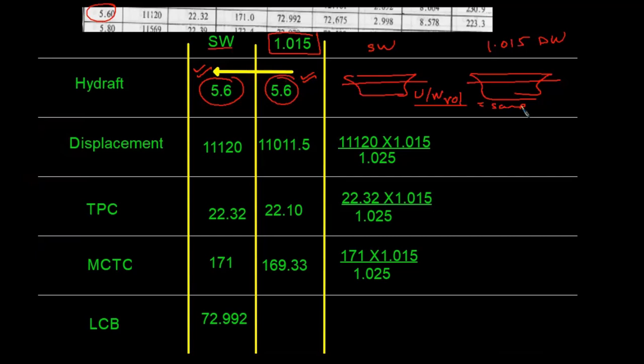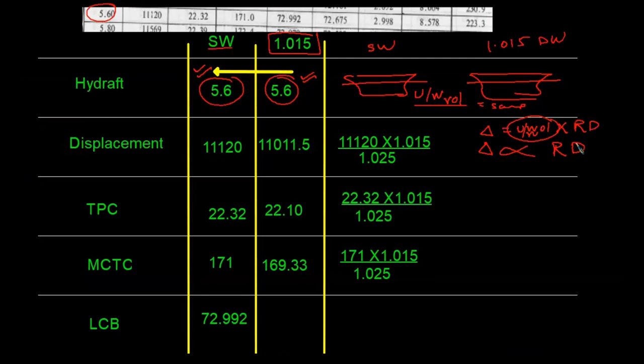If underwater volume is the same, what is the displacement? Displacement is equal to underwater volume into relative density, and the volume is constant. So displacement is directly proportional to relative density.